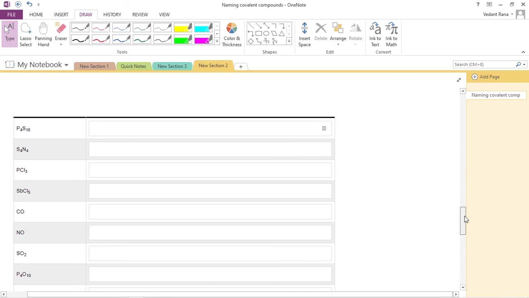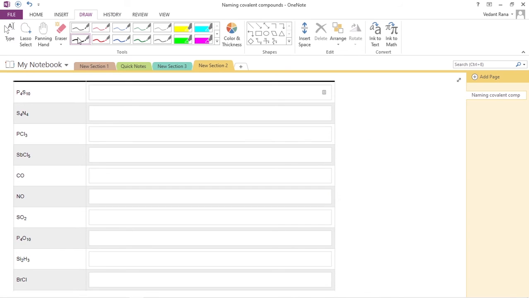We'll now name a few covalent compounds, which are some examples. So P4S10, first element is phosphorus. All of these are covalent compounds. We already know that because all of these contain nonmetals. So here the first element is phosphorus, so we write phosphorus. Second element is sulfur. We write that with IDE, so we write sulfide.